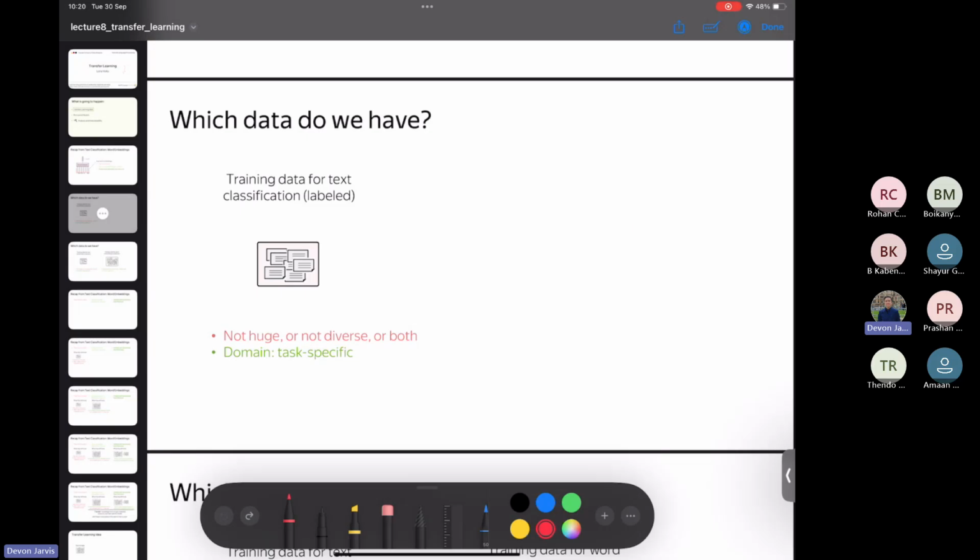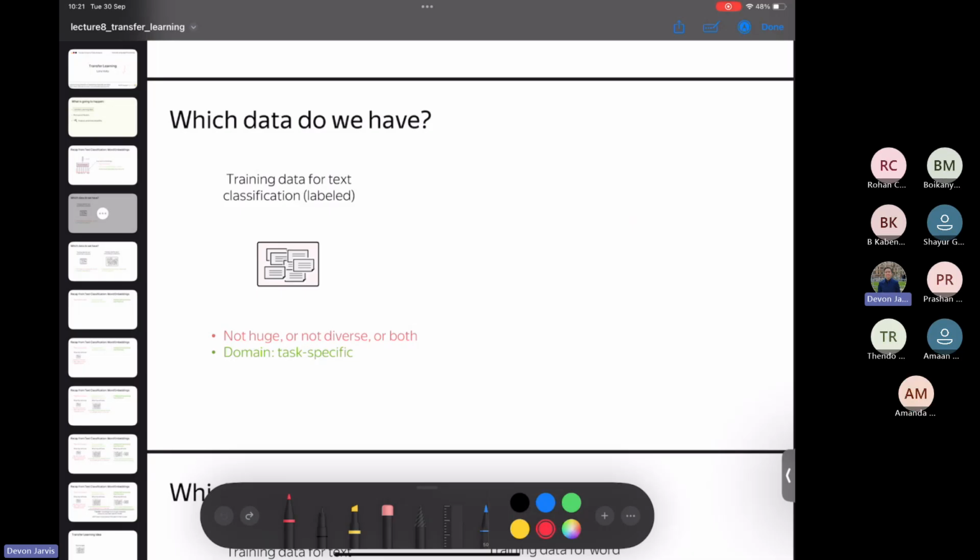So what data do we have for these different tasks? If all we're going to do is train from scratch, then we're not going to have a ton of data. It's not going to be particularly diverse. If all we're doing is rating reviews from IMDb, they're all going to be about movies. They're all going to be in the last, probably, 20 years. They're all going to be a particular length and tone. They're all going to have the same kind of label structure that matches IMDb's labeling, and so on.